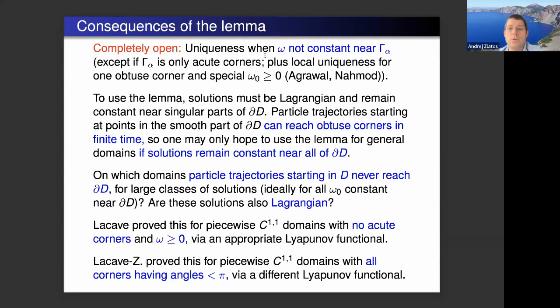It's completely open what to do when the non-constant part of the vorticity hits, let's say, these bad corners, the obtuse corners, angles greater than pi, etc. The only result there is a result of Agrawal-Nahmod, where the vorticity has a sign initially, therefore forever, and it starts so that it is not constant near one single obtuse corner, but because of the sign, the non-constant part of the vorticity immediately gets carried away from that corner, and so they also proved uniqueness.